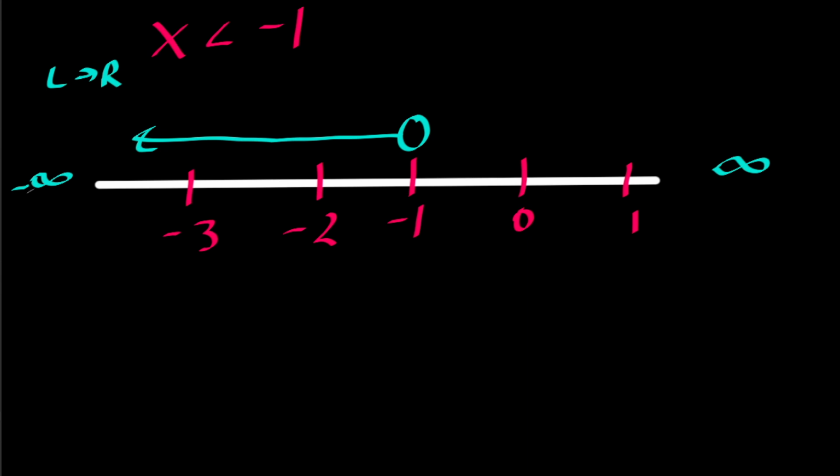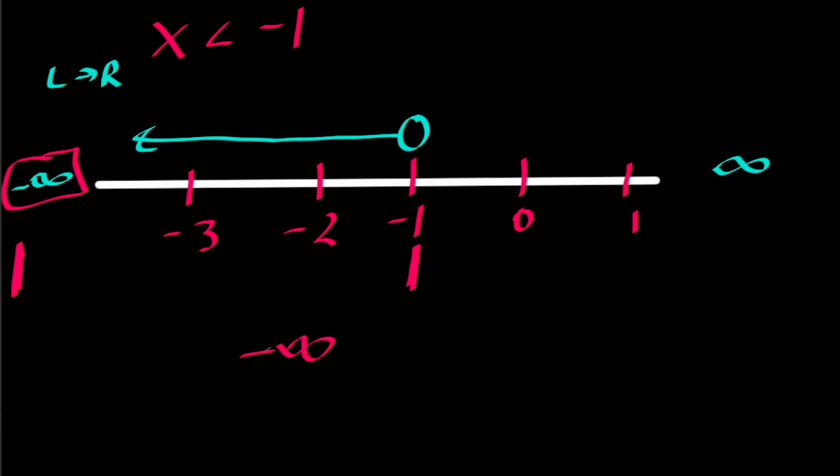If I start all the way over here to the left, is my graph actually going towards the left? Yeah, it is. So technically, we're going to call negative infinity our start point, because we're acting like we're moving from the left to the right, and my graph's pointing that way.